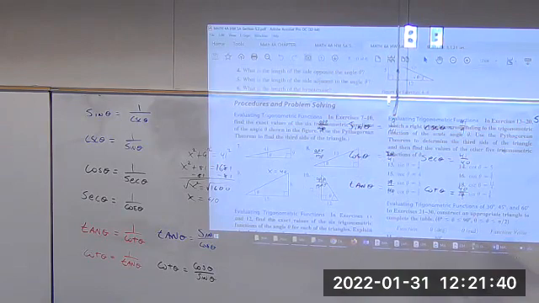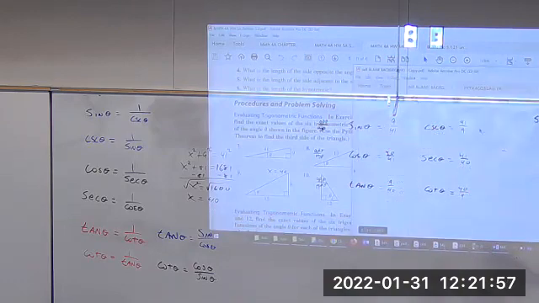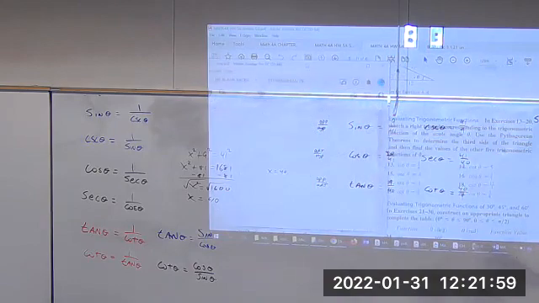So right here, 17. If I give you 1 trig ratio, you know all. So on 17, you're told that tangent is 3. The tangent of theta is 3.